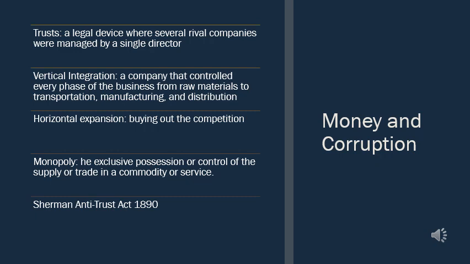And a trust is a legal device where several rival companies come together and then they are managed by a single director. This is what happened in the Union Stockyards. They had Armour and Swift and I believe Meyer. They were all rival meat packers, and they all had the same problem: we're losing lots of money because we don't have a centralized location for the animals to be driven to.